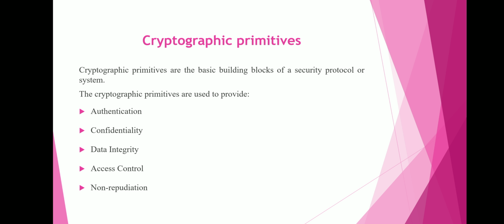For example, if you want to enter a college, at the gate the security people will ask us to provide the identity card. With the help of that ID card, they identify whether the person belongs to the same college or a different college, that is the authentication.